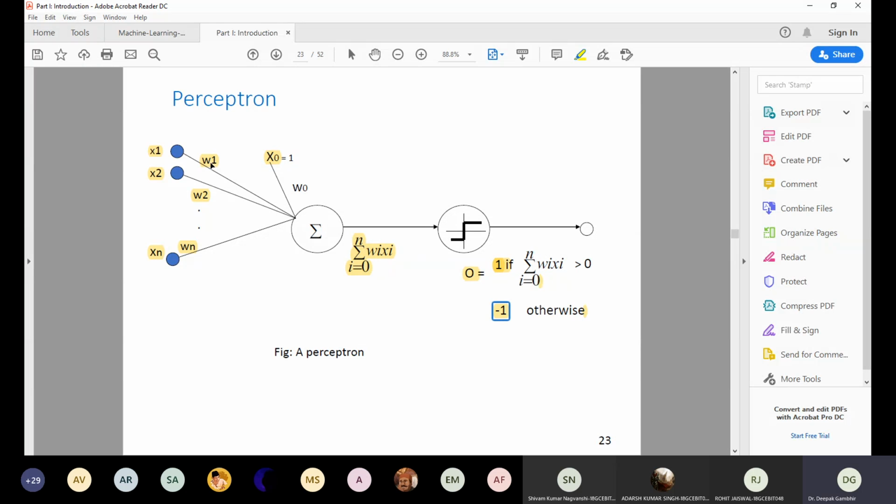If it is so, then W0, W1, W2 will be able to tell me whether it is a positive or a negative example. Suppose I take an example where you train a perceptron in which there are two balls. One is a green ball and one is a red ball, right?